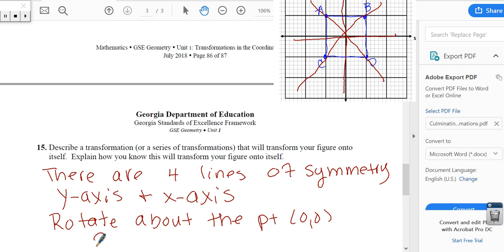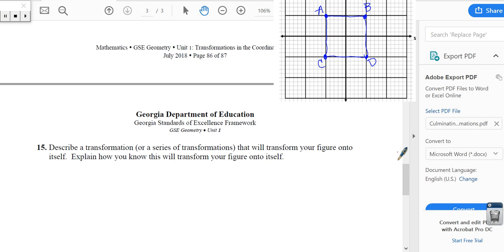We can say the angles of rotation are 90, 180, and 270. Where I get these numbers from, I did 360 divided by 4 is 90, and I just kept adding 90 until I got all the turns that will put it on top of itself. And you can always take a sheet of paper, trace this, turn your paper, hold it in the middle, and see if it can turn. All right, let's see what's next.